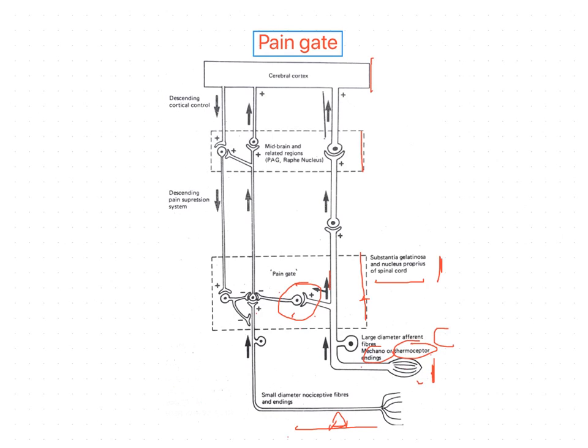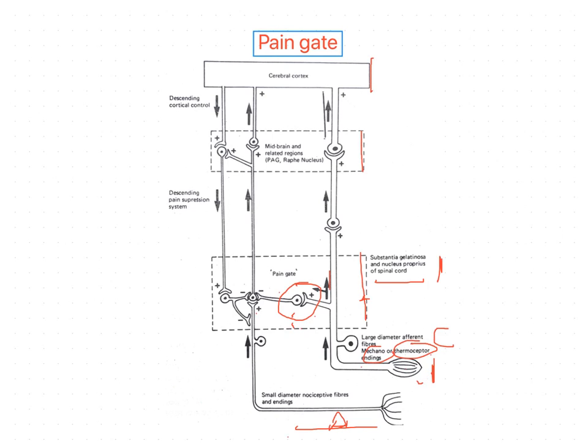Many physiotherapeutic agents cause stimulation of endings connected to large diameter nerves, and the use of manipulation, TENS, interferential currents, heat, ice, massage, vibration and movement can produce a reduction of pain by closing the pain gate.